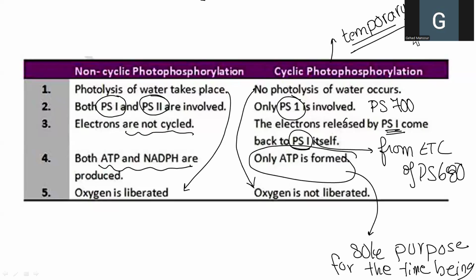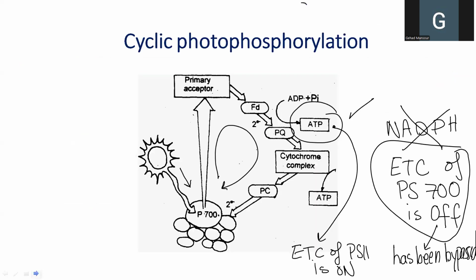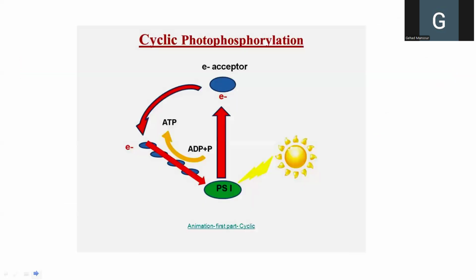So these are the major differences between cyclic and non-cyclic photophosphorylation, and this is the diagram that represents cyclic photophosphorylation.